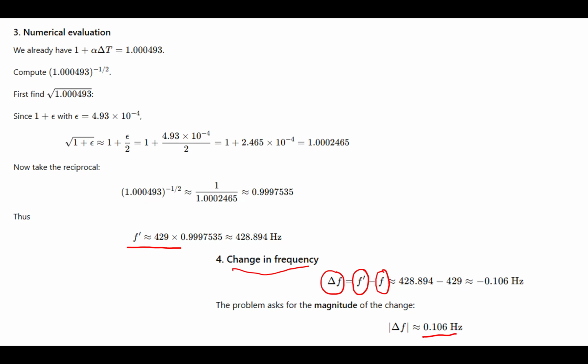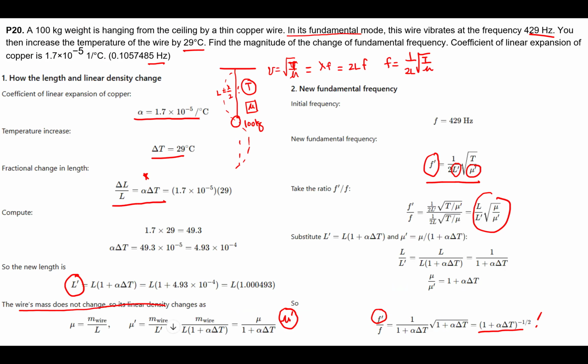This problem is interesting because it combines the wave on a string with a change in temperature. As a result of the temperature change, we have two effects.